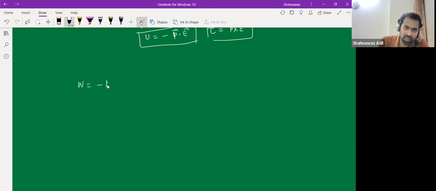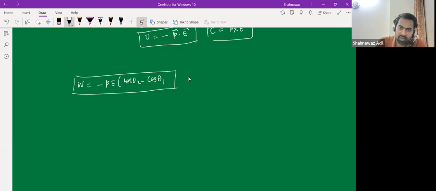Okay, so there is a question, we know what the work done would be. Work done would be minus PE cos theta 2 minus cos theta 1. So just remember this result. And then you have the potential energy, which is minus P dot E. Remember this result also. This will give you the answer.